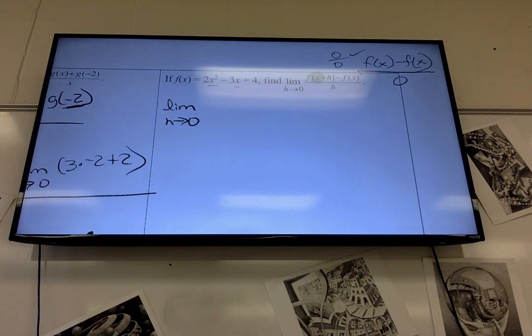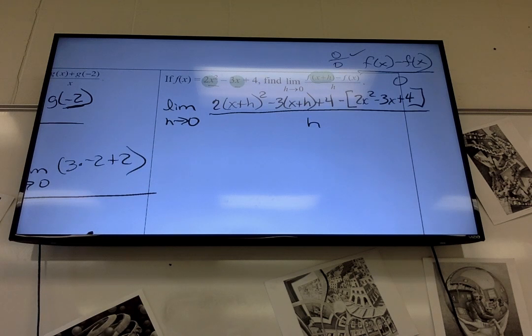I take x plus h and plug it in for the x's: 2 times x plus h squared minus 3 times x plus h plus 4, and then minus f of x, which is 2x squared minus 3x plus 4. Notice I put it in brackets so I remember to distribute that minus sign. That is probably the most common mistake that I see on these kinds of problems.